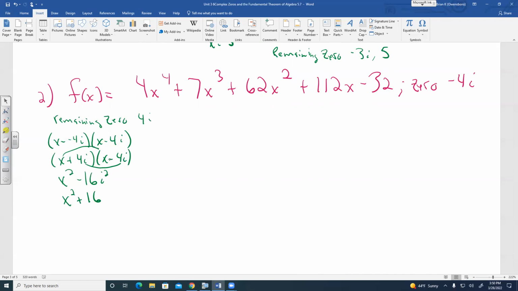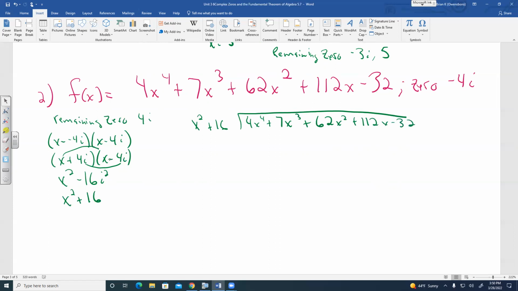So I'm going to use this expression x squared plus 16, and I'm going to divide that into the polynomial. So I have 4x to the 4th plus 7x cubed plus 62x squared plus 112x minus 32.